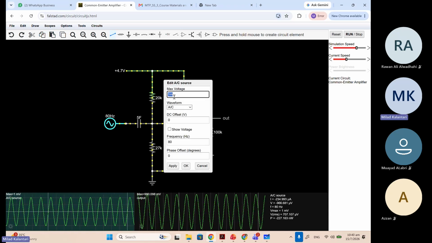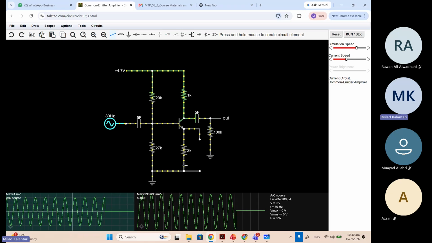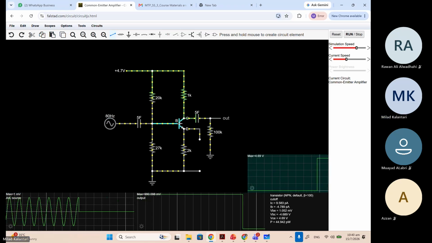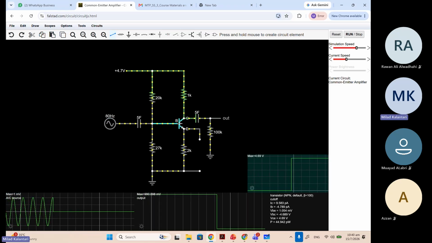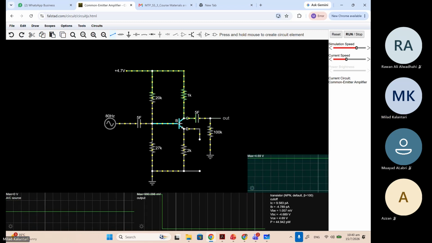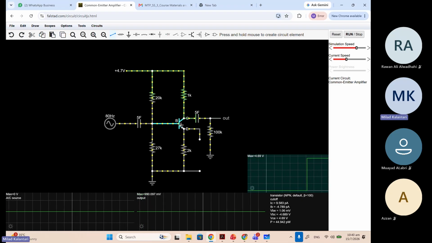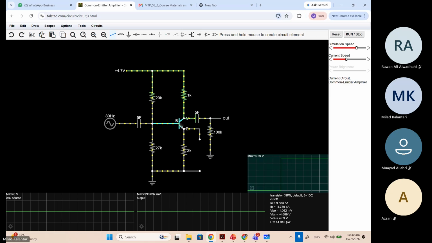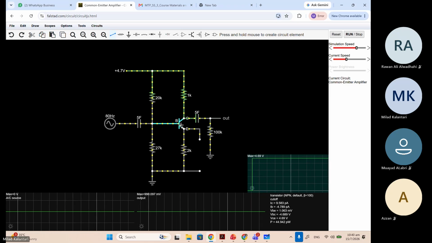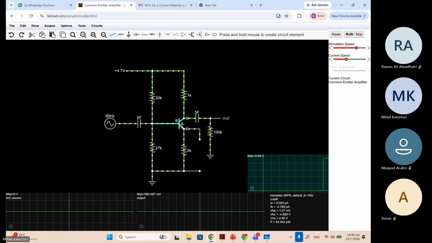So let's first make this again 0. Okay. So first of all, let's see if the biasing points that we calculated are correct or not. It looks like something is wrong, isn't it?